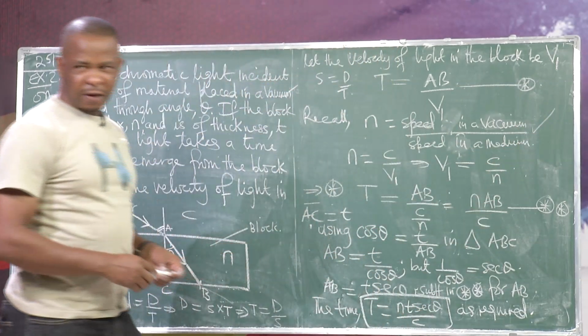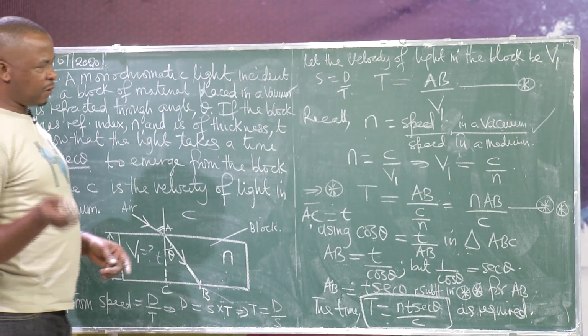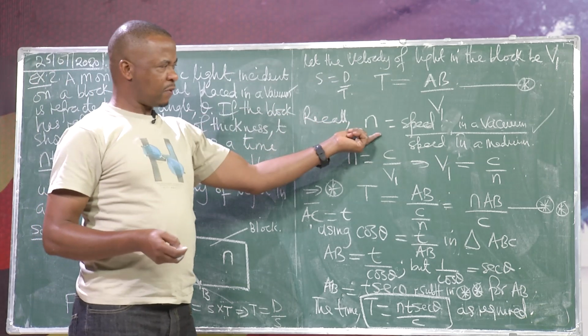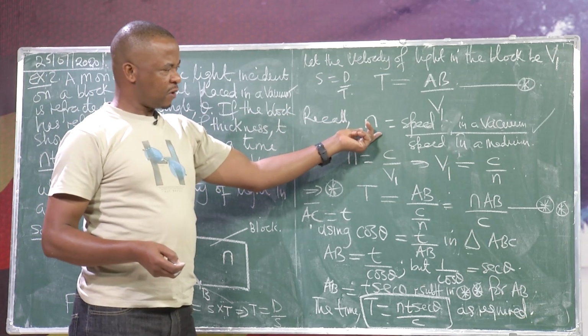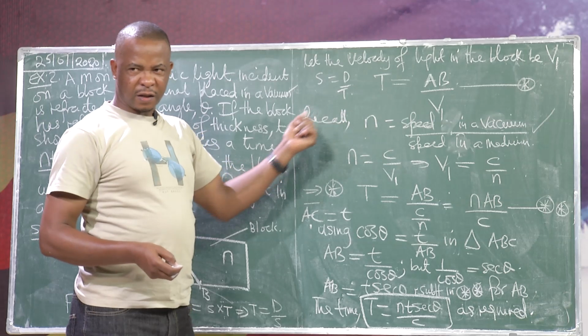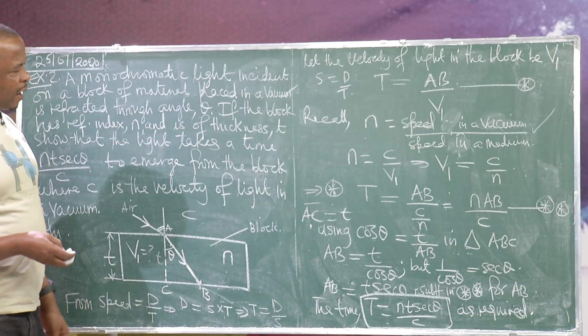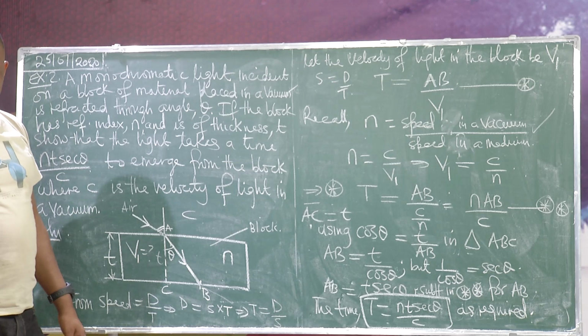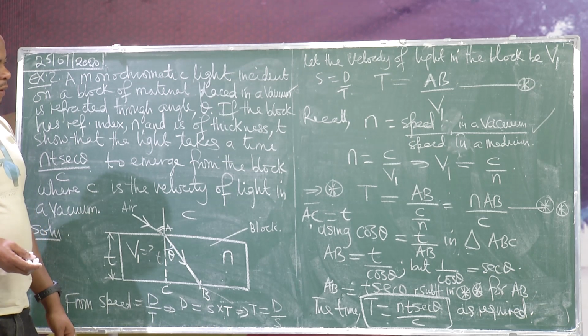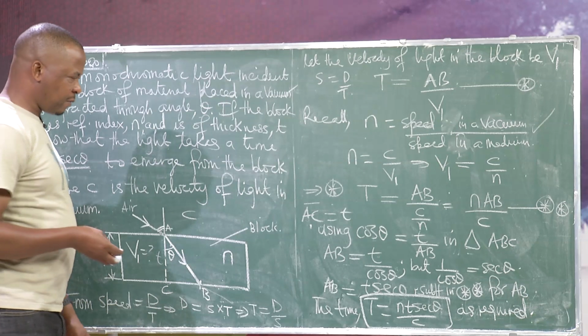And of course, this expression was very key. Given that we derived it, you can define refractive index in terms of the speed of light in a vacuum to the speed of light in a given medium, which is very important for high school students and also ordinary level students.